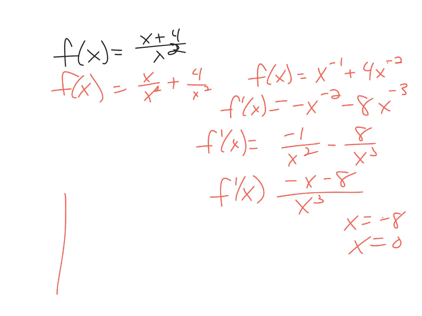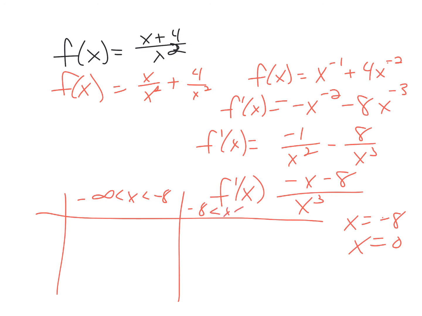So we make our chart. We're going from negative infinity to negative 8, negative 8 to 0, and I'm going to test points, so let's try negative 9, negative 1, and 1 and see what happens.